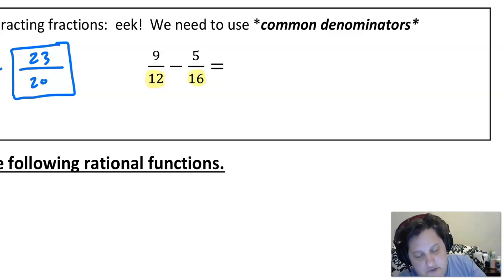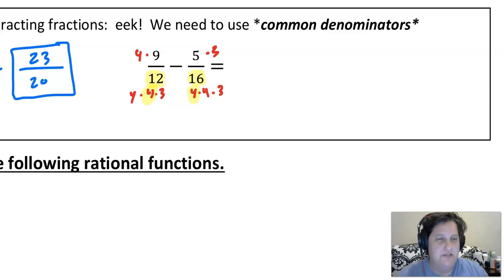12 is 4 times 3, and 16 is 4 times 4. So they've got a 4 in common, but this one needs a 3 to match up, and this one needs a 4 to match up. The 4 they both already have, I don't need to use that.